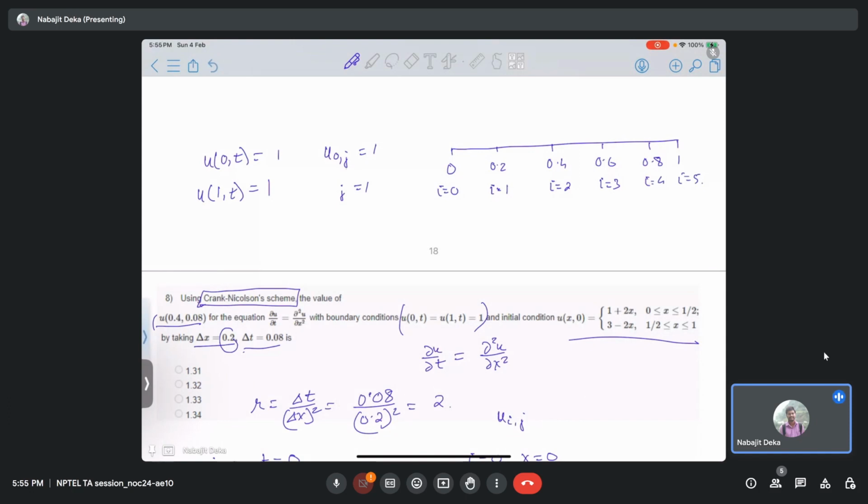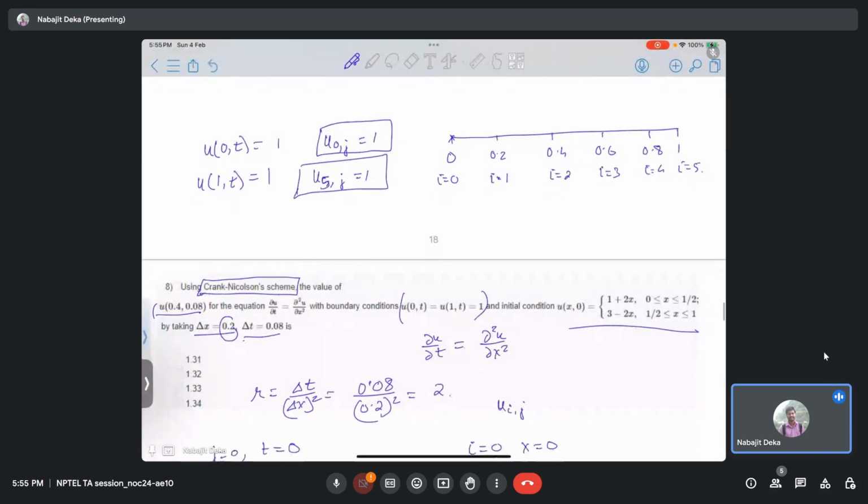So u 0 comma j is 1, that is the boundary condition. And at 1 also it is 1, so u 5 comma j is also 1. So these are the boundary conditions that are given.